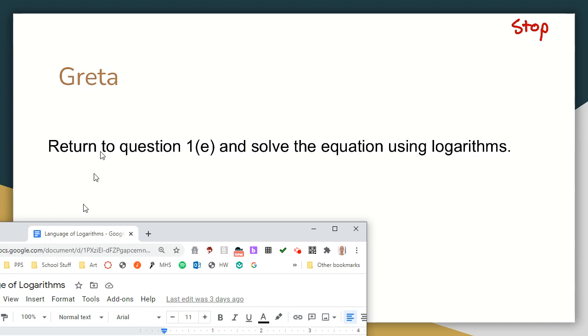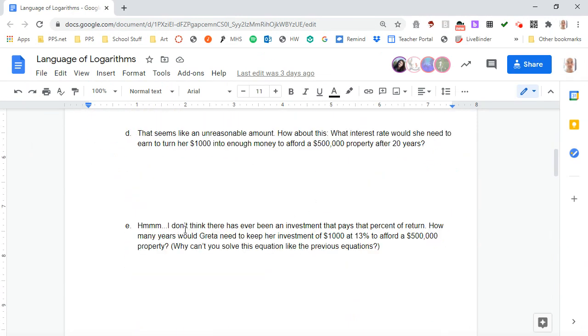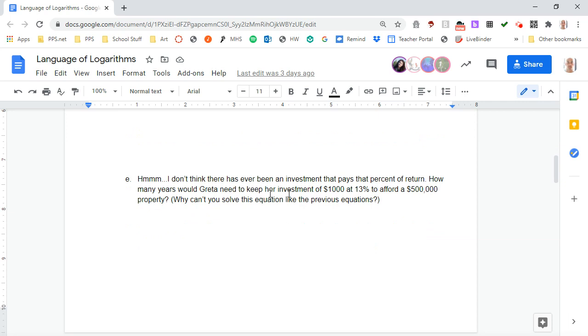So the question here was 1e. How many years would Greta need to keep her investment of $1,000 at 13% to afford a $500,000 property? So I'm going to write the equation on the slide, and then I'll come back to that slide.